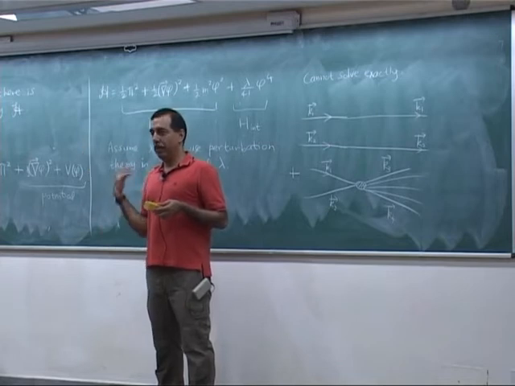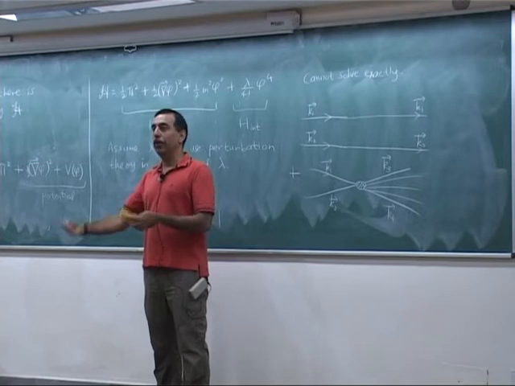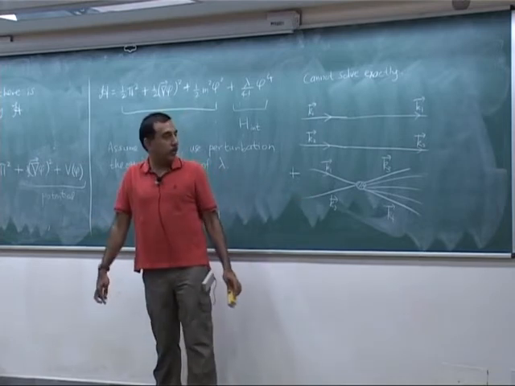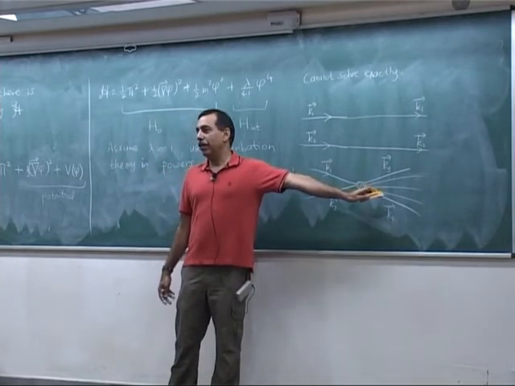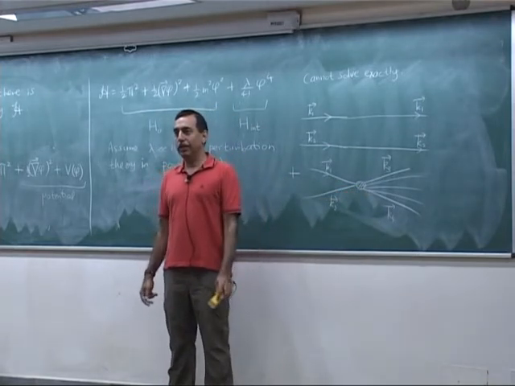Because this is a quantum system, they will all be related to some probability to produce some particles in the final state. And because this is a system without a fixed number of particles, unless we know some more details, we can't say how many particles will be produced in the final state.